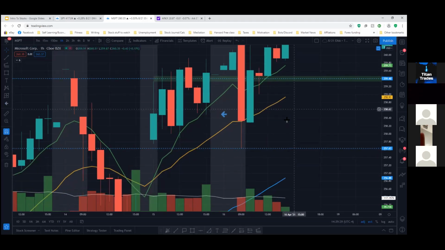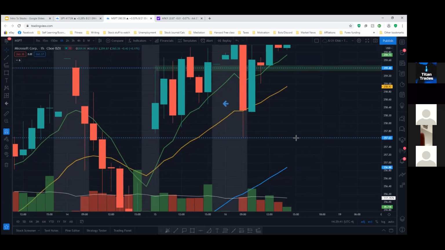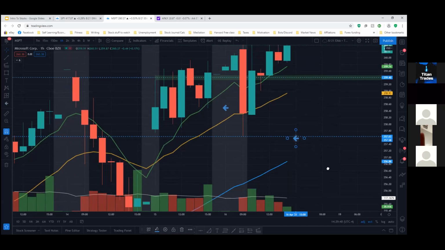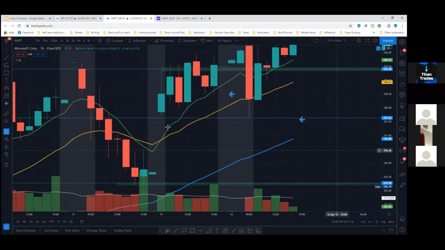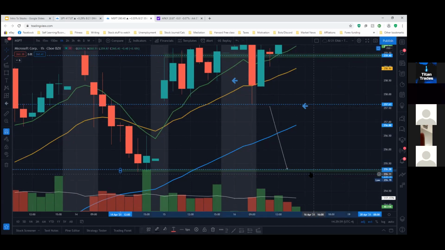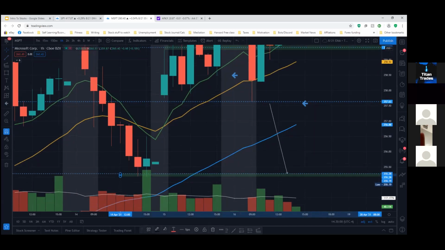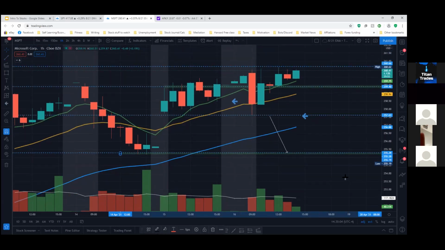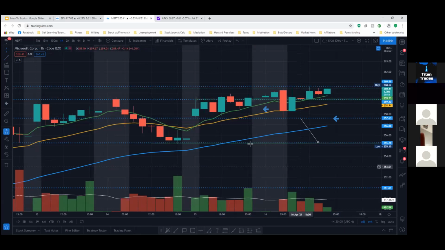Then you will look at the harder resistance, or harder support, which would be right here of 257.60. And then there's a gap fill, like we talked about before, is another gap. So obviously if it comes underneath this, it's going to fill its gap all the way down here. And then if it doesn't get picked up here at this next demand zone, then we are going further.